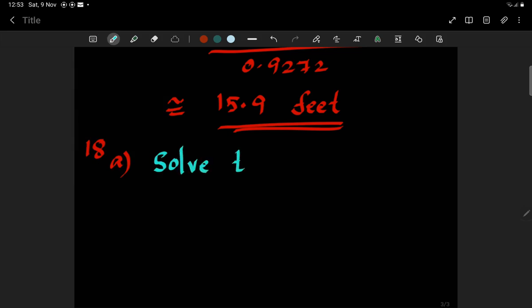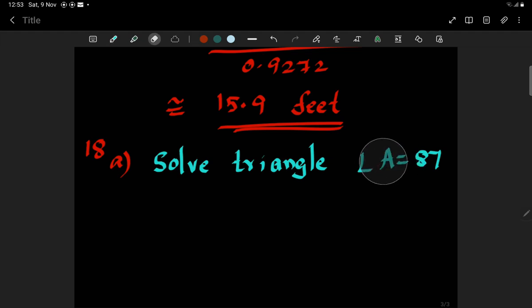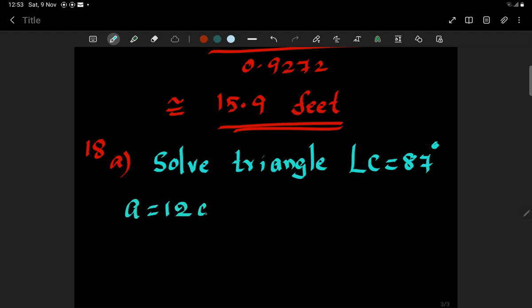Solve the triangle given that angle A is equal to 87 degrees. Sorry students, not angle A, angle C. Angle C is equal to 87 degrees, and small a is given, that is 12 centimeters.